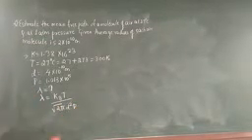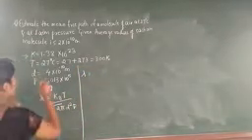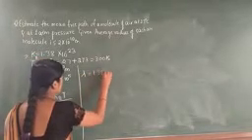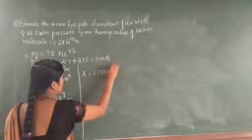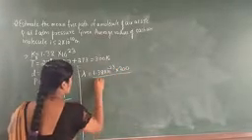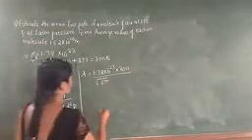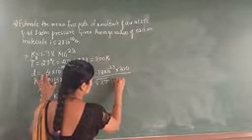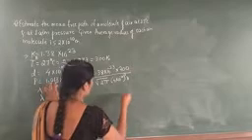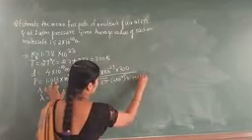Now put all the values. Lambda is equal to kB, the Boltzmann constant 1.38 into 10 raised to minus 23, into 300, divided by root of 2 pi into d square P, where d is 4 into 10 raised to minus 10 square and pressure is 1.013 into 10 raised to 5.